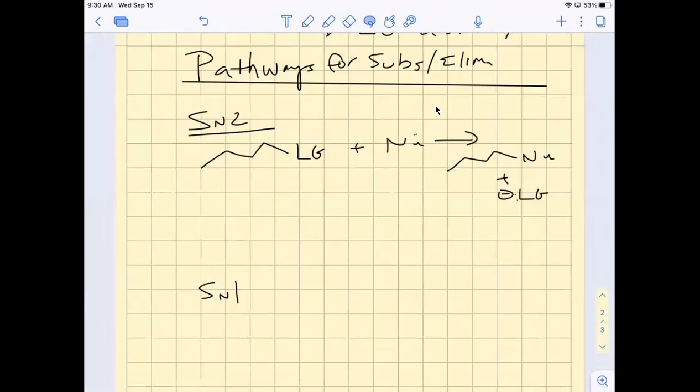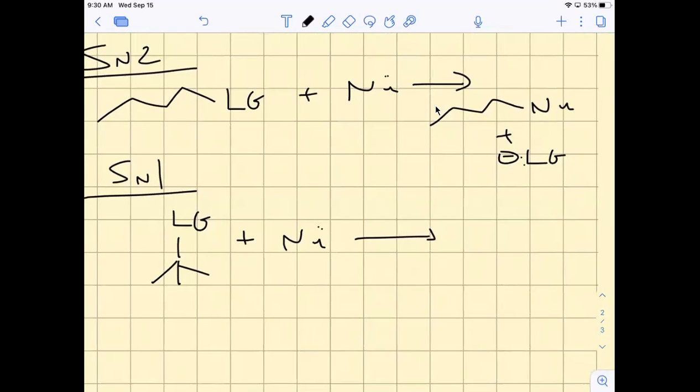And we've seen that already when we did alcohols to alkyl halides. Right? And then for Sn1, this is not going to happen on a primary. This is normally going to happen on a tertiary substrate. I'm reacting this with a nucleophile, and the nucleophile is going to substitute for the leaving group.